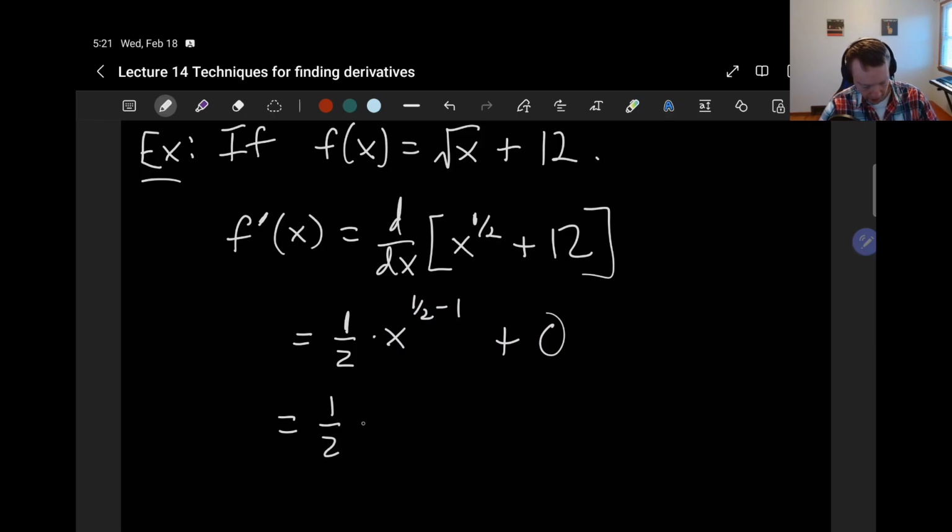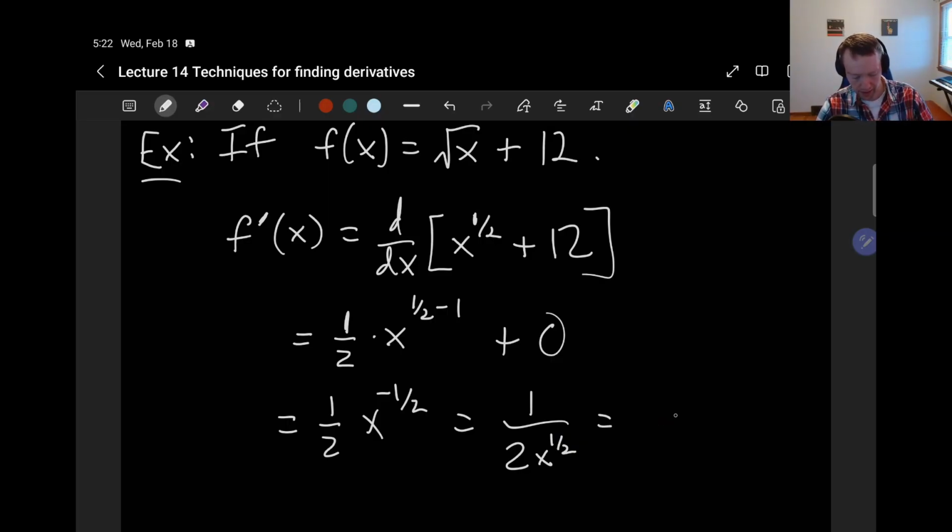So we have 1/2 x to the minus 1/2. Well, that negative exponent means that x to the positive 1/2 lives in the denominator. And now, to finish this problem off, we can write it again as a square root.